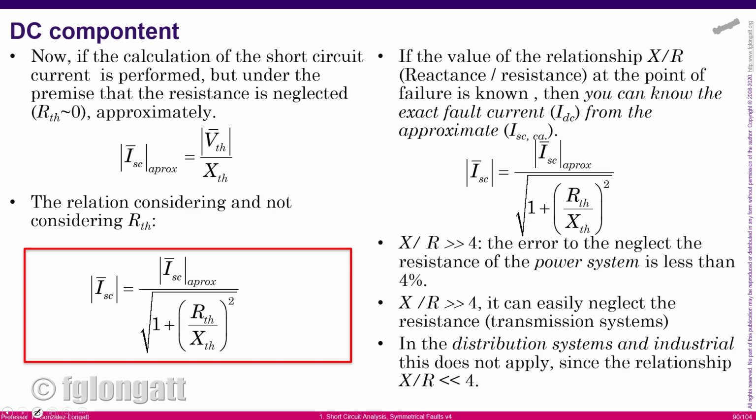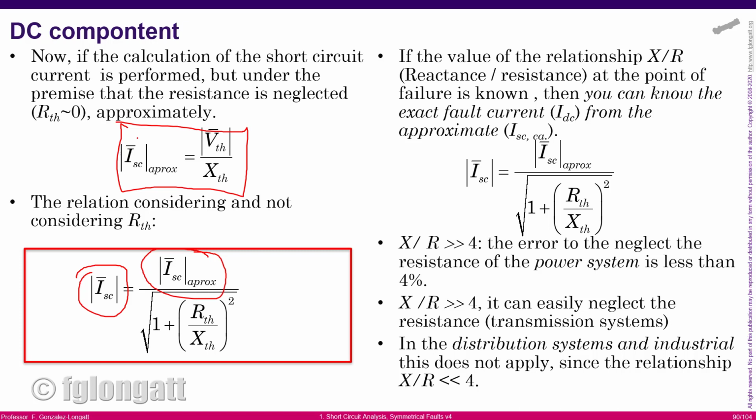That is what I am explaining here. Now we can obtain the full short circuit current, including the DC component, by using an approximation where we calculate the short circuit without the resistance. That is extremely simple, very easy to calculate.